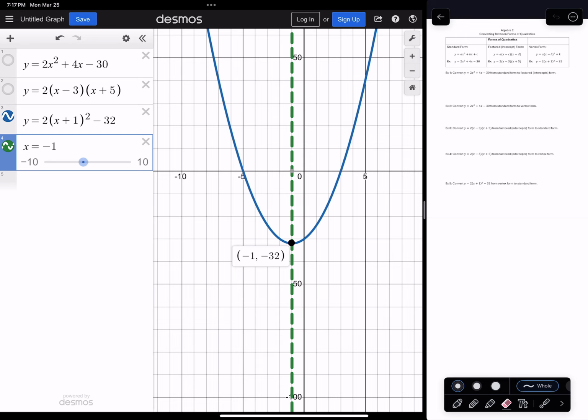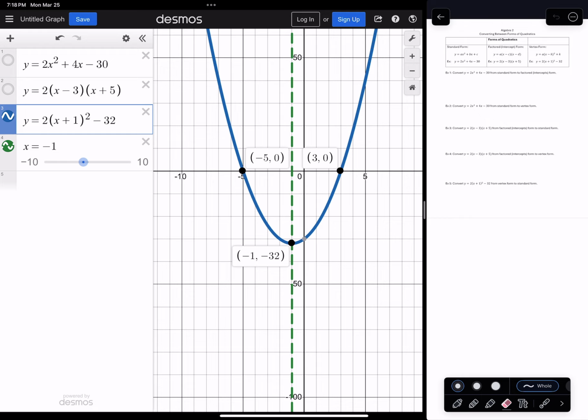And we know that the vertex lies on that axis of symmetry. So the x-coordinate will be the average of the x's of the zeros. If I average the negative 5 and 3, those two x-intercepts, I get the x value negative 1. So that is one way that we can use that fact to our advantage when we're about to do some work.